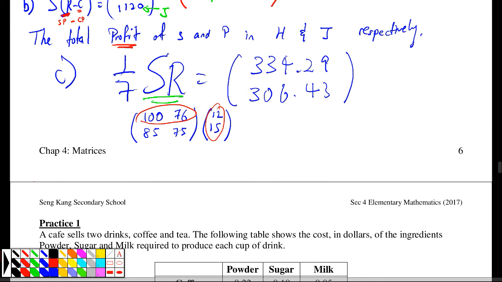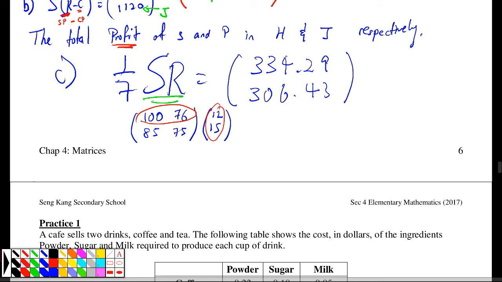Now, Eileen, tell me, 100 times 12 means what? And the number means what? Is it cost? Is it total selling price? Is it total profit? Total selling price. So this times this is total selling price of shirt. This times this is total selling price of pants. And you add them together.